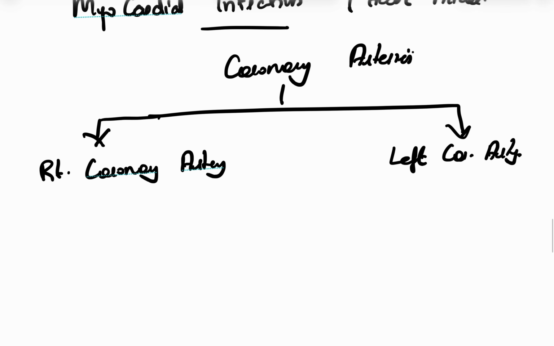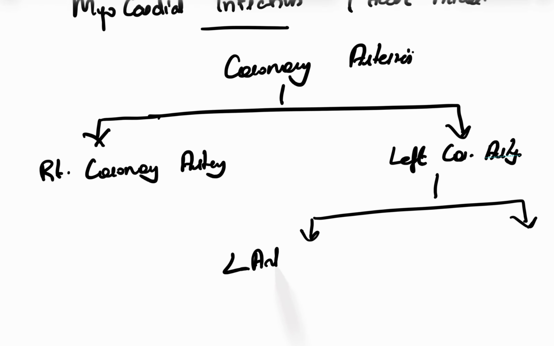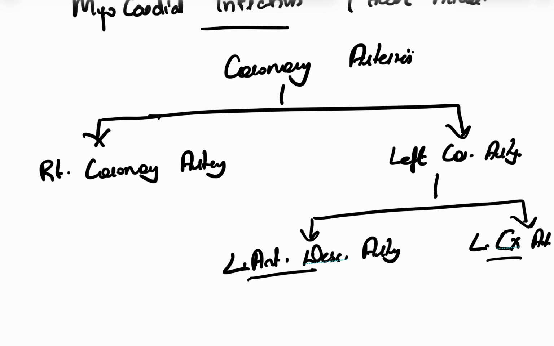The right coronary artery supplies the right atrium, right ventricle and the SA node and AV node of the heart. The left coronary artery has two branches: the left anterior descending artery and the left circumflex artery.